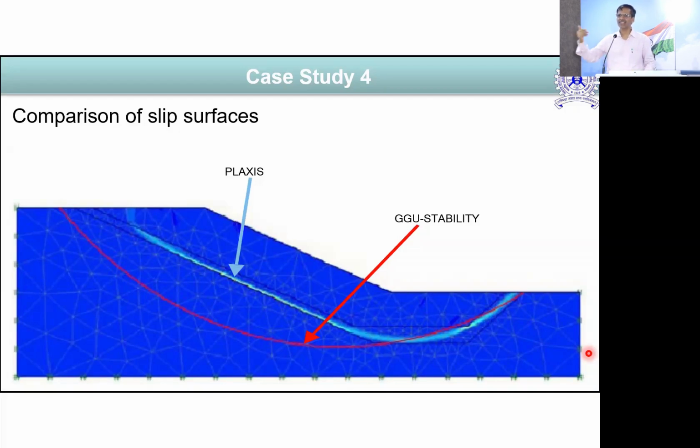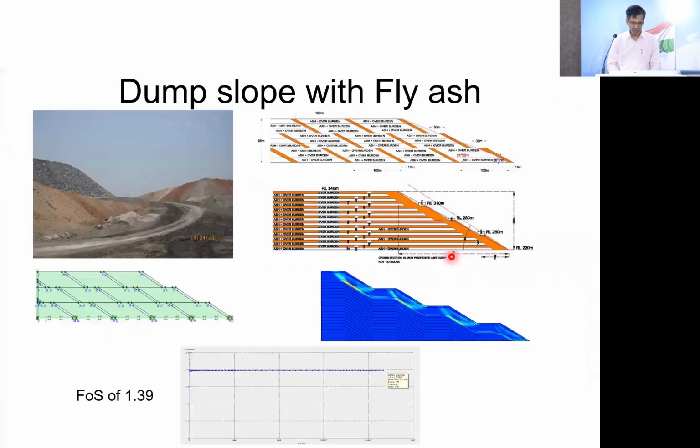That is what Dr. Ponda said, that you have to see the sliding zone also: where it is sliding, is it an appropriate sliding zone or just giving some values? Because today I can also put a slope like this and get a factor of safety.